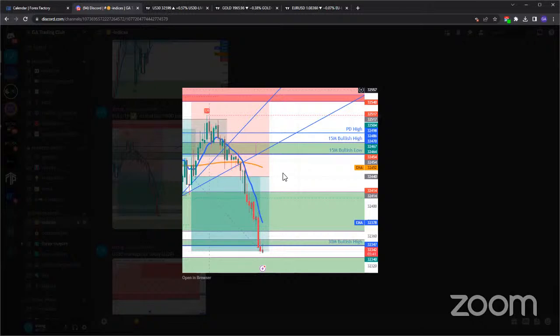But if you look here, these are trend lines that are drawn when the session started, because you remember yesterday I said I forgot to draw my trend lines on MT4. So I was using TradingView to identify the trend lines and then draw them on my MT4.